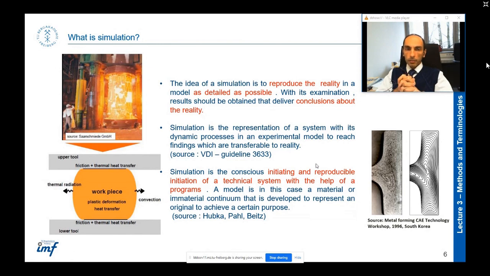And the third one defines simulation in this way: simulation is the conscious and reproducible imitation of a technical system with the help of programs. So it relies on programs; you use a computer or software or program for your simulation, of course.